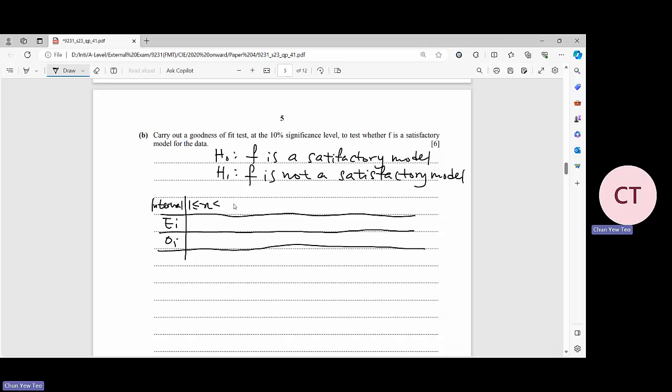I directly give you the result. 2 to 2.5, 2.5 to 3, then 3 to 3.5, then 3.5 to 4. So this one I just need to copy down the result that I have in part A.